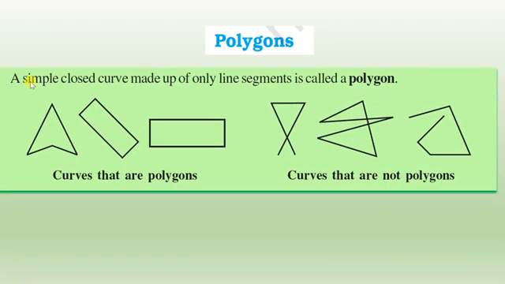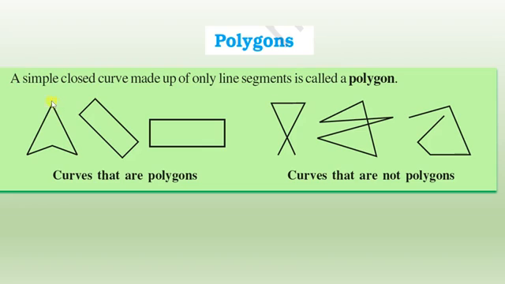Next comes the definition of a polygon. A polygon is a simple closed curve that is made up of only line segments, means a simple and closed curve which is made up of only line segments is called a polygon.